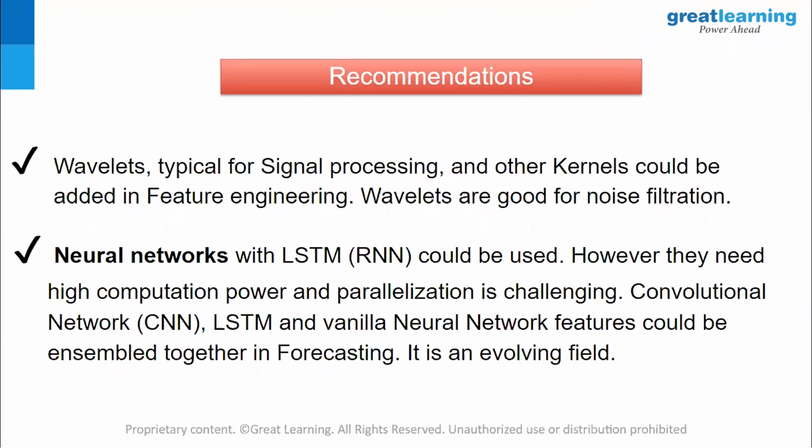So this is one area which can be experimented with, and the other is the neural network. All the convolutional, recurrent; in fact, I've seen a few papers where people have combined all these three neural networks together in order to do forecasting for the time series.